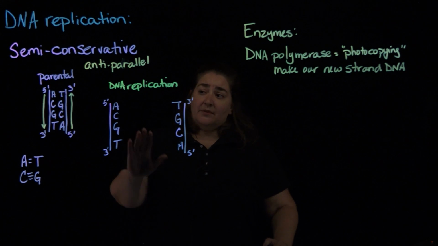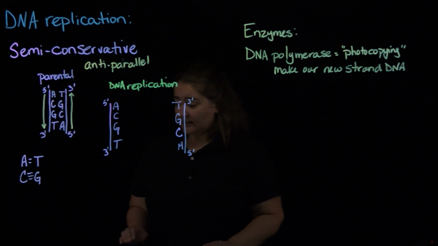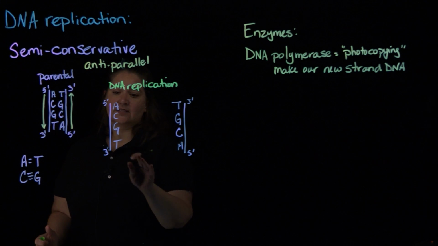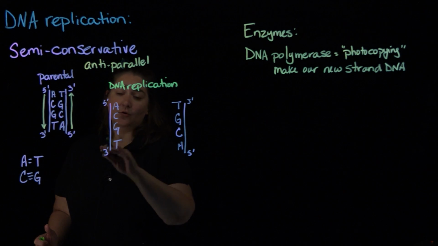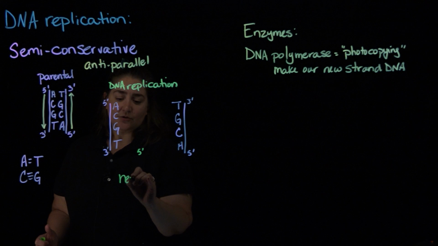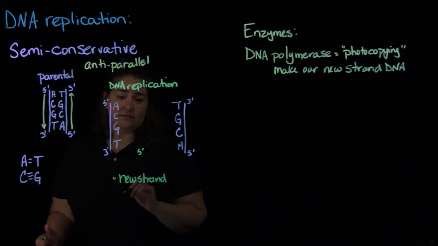What we're going to have happen there is that DNA polymerase is going to come in and fill in a new strand. And I'm going to use green here so you can see the difference between our pink, old strand and our new strand. So our new strand is going to be in green.